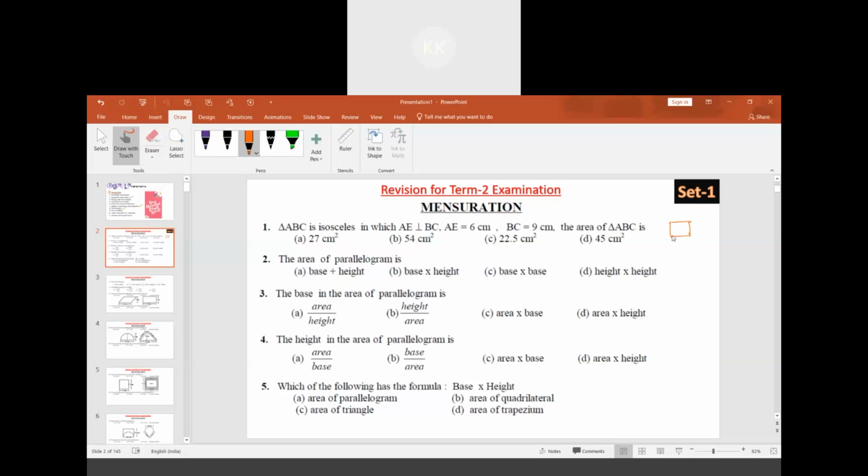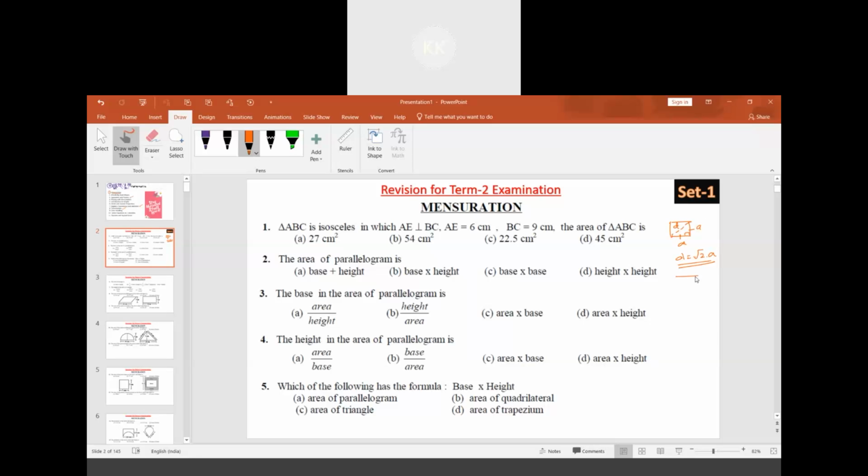And there is one more relation between these two sides and a diagonal. The diagonal is given by root 2 times a. If you use Pythagoras theorem here, you will come to know that root 2a is the length of the diagonal. This concept also you must remember.